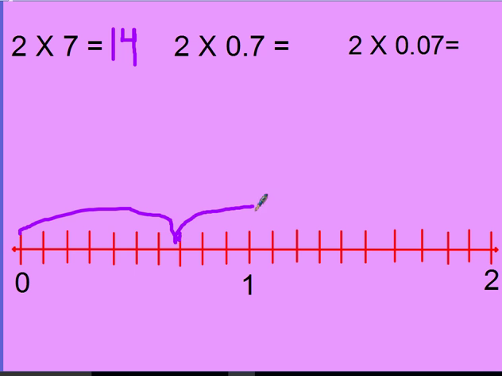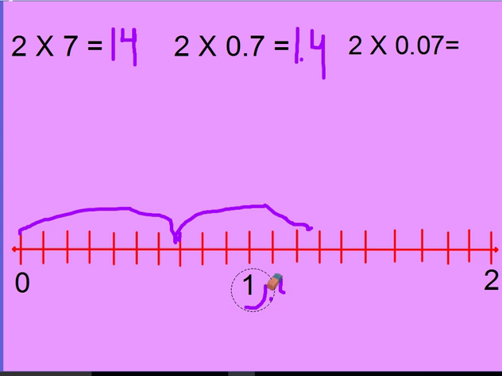And we jump again, the 7. We know he went 1 whole one, plus 1/10, 2/10, 3/10, 4/10. Sorry, didn't jump far enough. There's 4/10. 0.4.